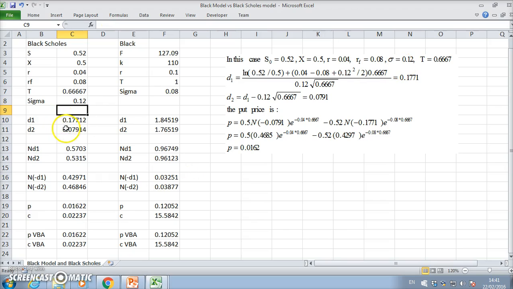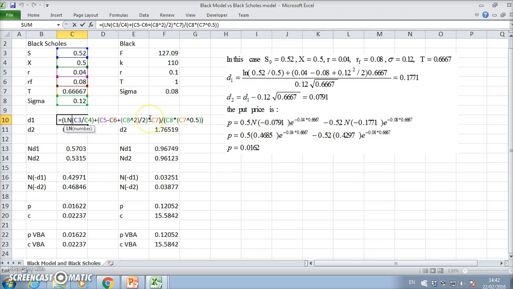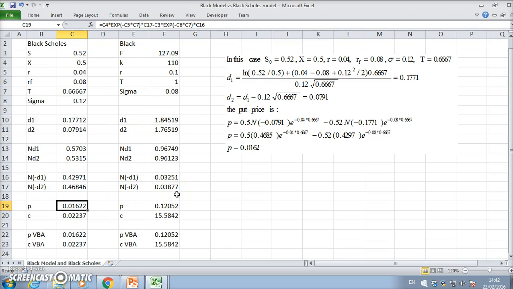And the volatility here is equal to 12%. Okay, and we get d1, d2, and negative d1 and negative d2. And we find the value of the put option, both using VBA and just the formulas worked out here, the manual cell referencing. We find that the value of the put is consistent with the value that we have here.